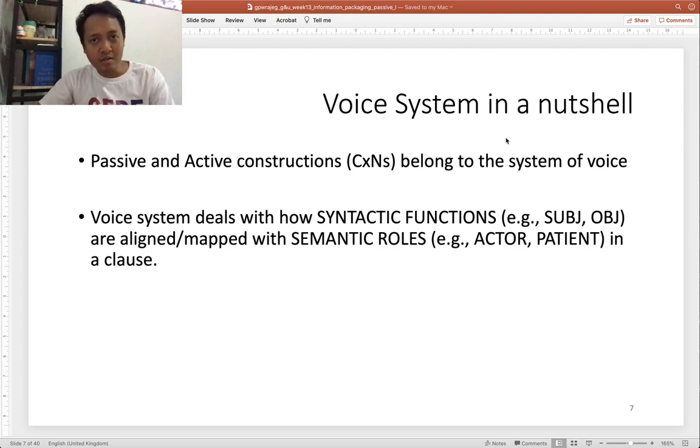The noun phrases in the clause can have two relevant associations: syntactic functions on one hand and semantic roles on the other. The voice system deals with this linkage between subject, object, and the semantic roles.